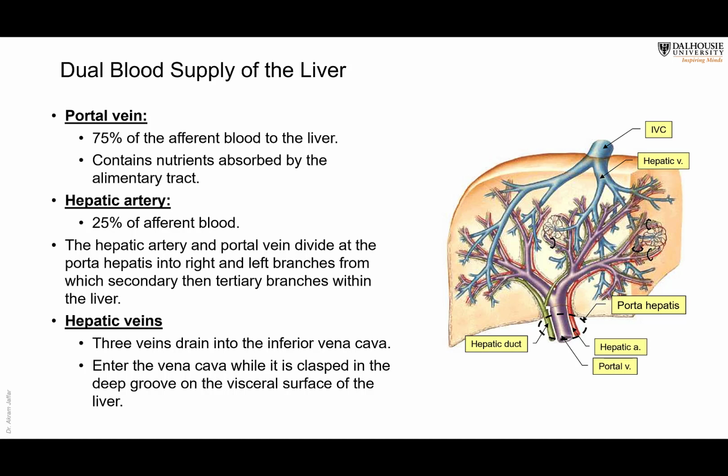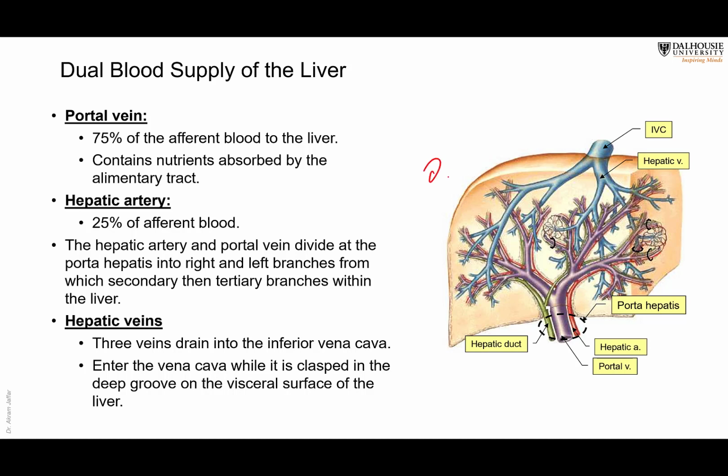So everything that's going to be absorbed from the gastrointestinal tract, therefore, is going to be delivered to start with to the liver before going to the systemic circulation. And this is called a portal circulation. A portal vein, by definition, means that it is a vein between two sets of capillaries.